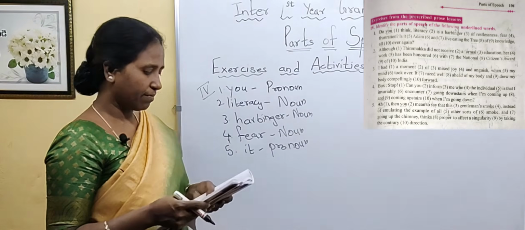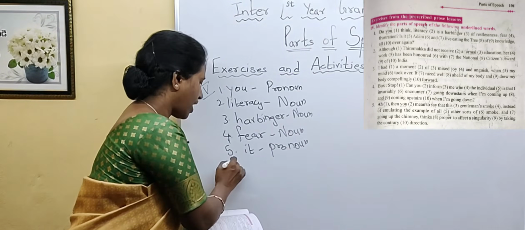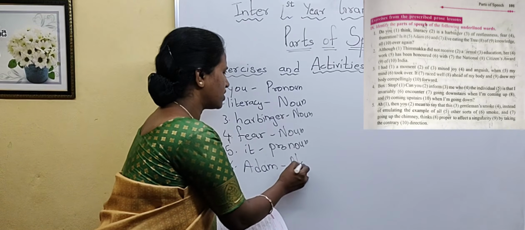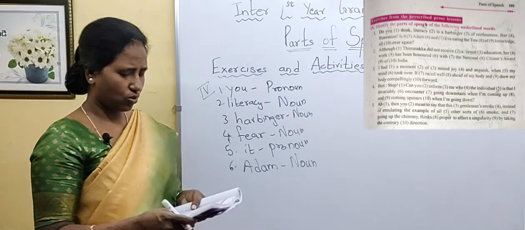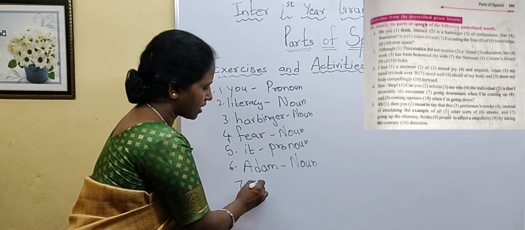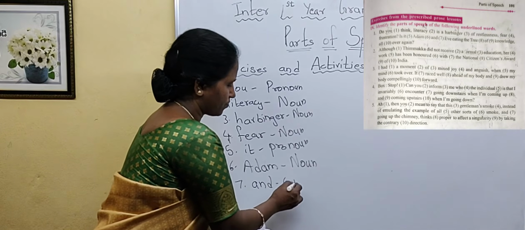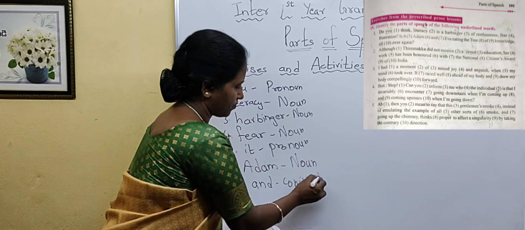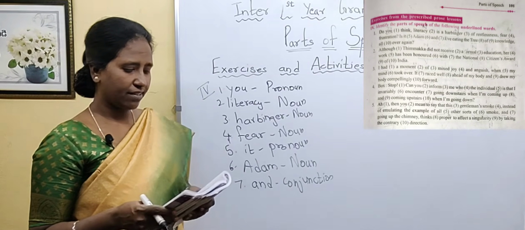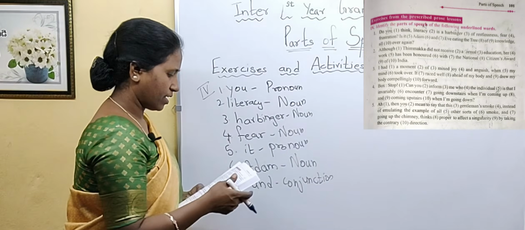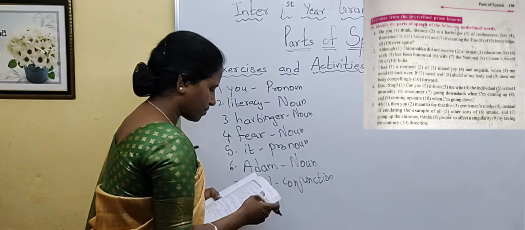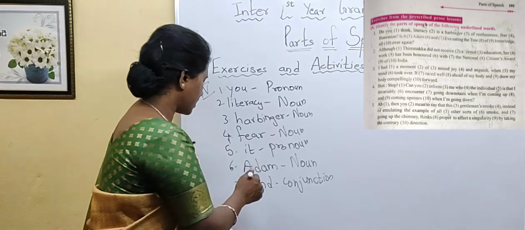Is it Adam? What is Adam? Adam is a proper noun. So we need not mention what type of noun. We just need to write noun. Adam and. And is a conjunction. Adam and Eve eating the tree of knowledge. Eating from the tree should be there. Here eating the tree is there.